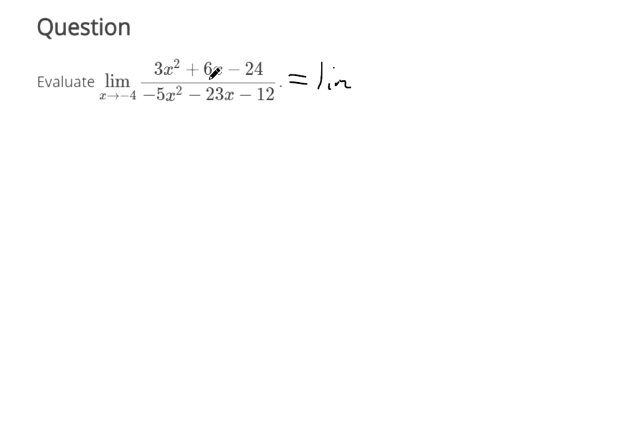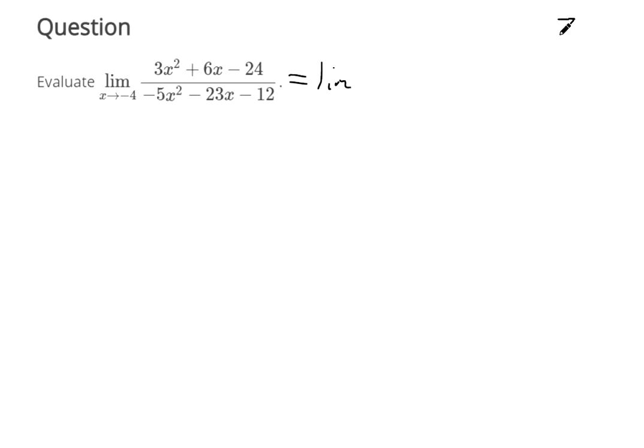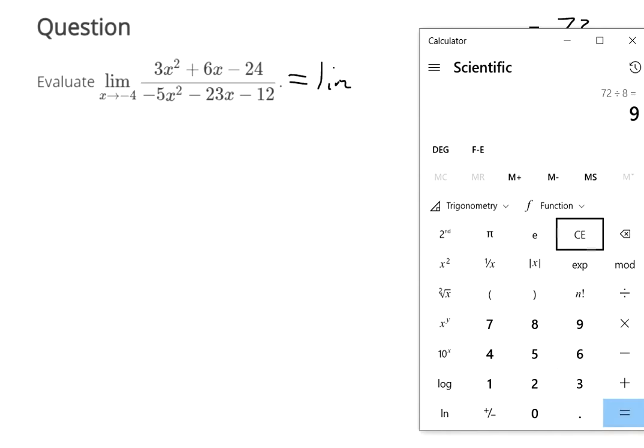So this limit is equal to factoring the numerator. Remember, the old trick was to multiply the first and the last coefficients. That's 72. We're supposed to find two numbers that add up to be 6. Oh, sorry, that's a negative 72. Two numbers that add up to be 6 but multiply to be negative 72. Here's where I start guessing.